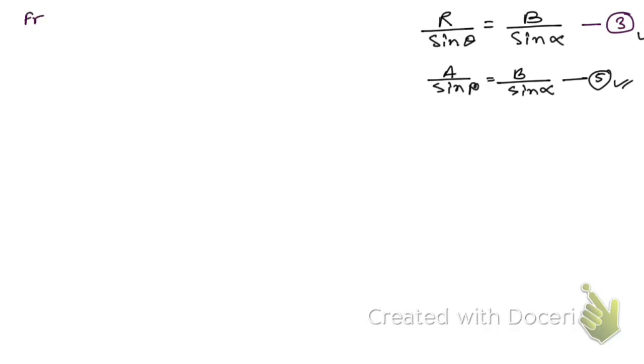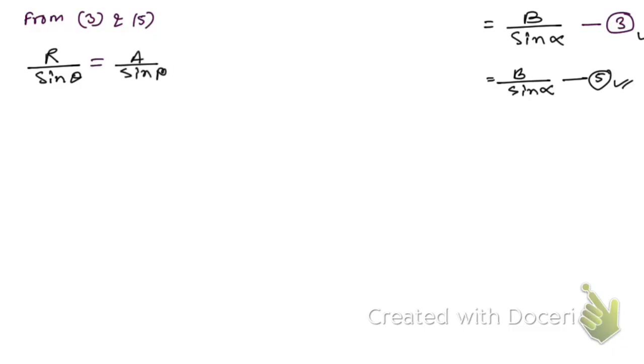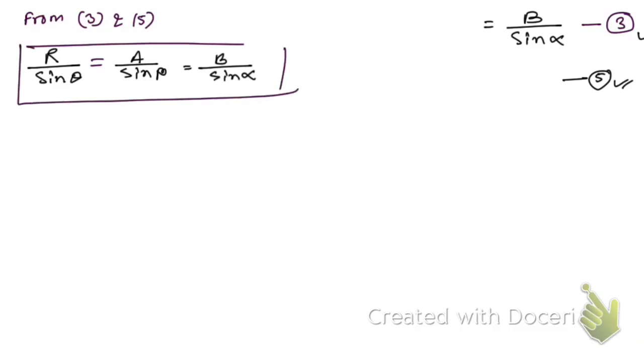From 3 and 5, what we get is R by sin theta equals A by sin beta equals B by sin alpha. So this is what we have got. This is the law of sines.